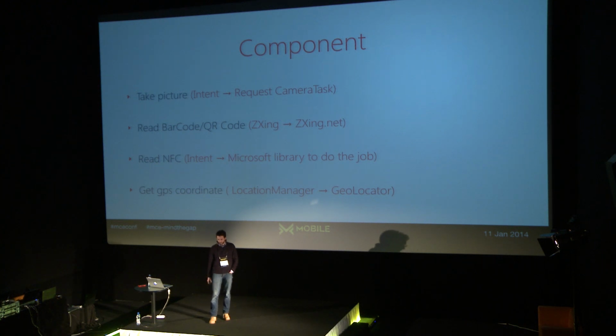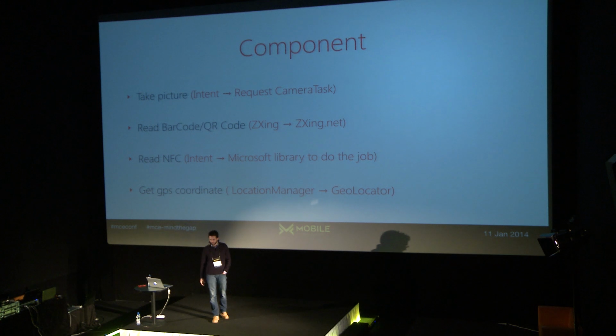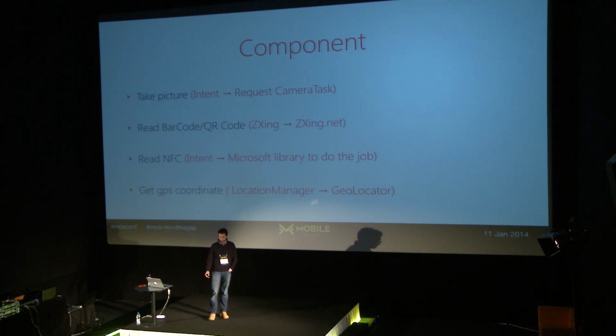And what we found was that in some cases we had the same library across the two platforms. So for instance, if we are talking about barcode and QR code, we can use almost the same library, because there was a port of the library from Java to C#.